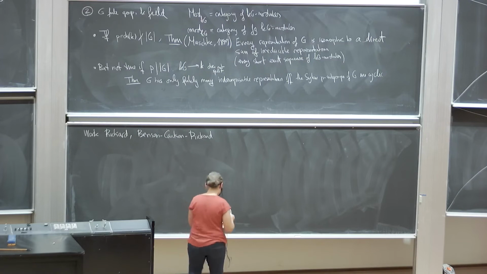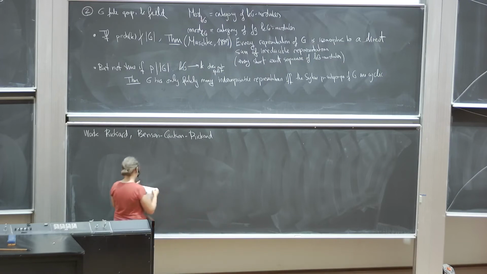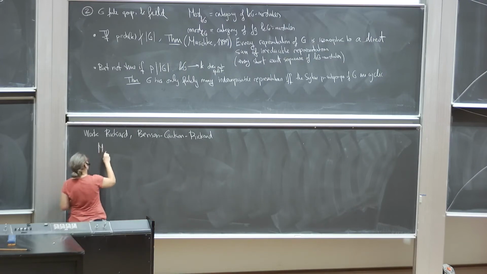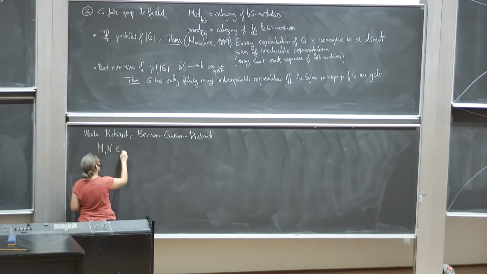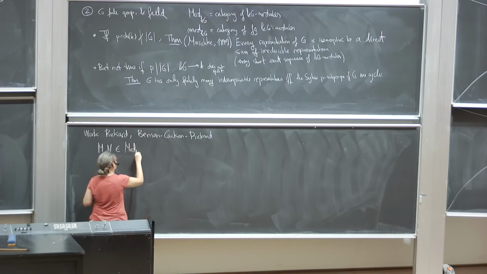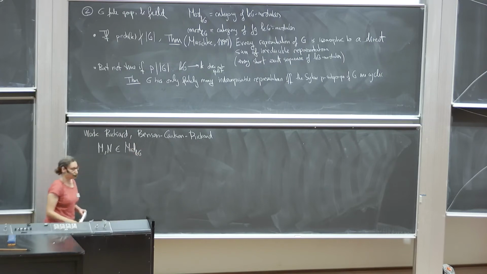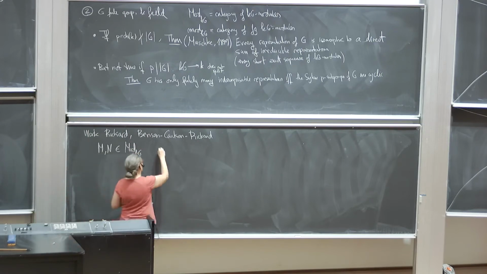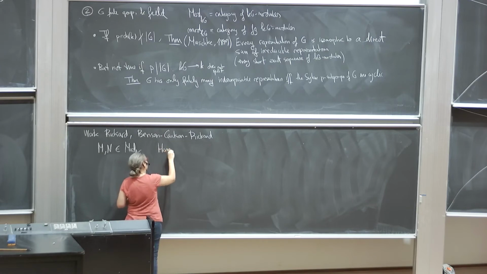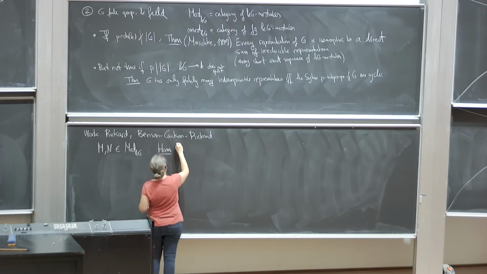And the idea is the following. You have M and N, which are in mod kG, two modules. We are going to define new morphisms.